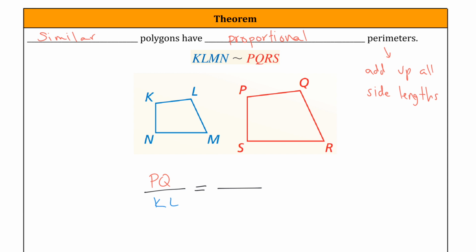And this is going to be equal to the perimeter, and I'm going to call this the perimeter of the larger polygon. And then in the denominator, because KLMN is the smaller polygon, we will substitute in the perimeter of the smaller polygon.